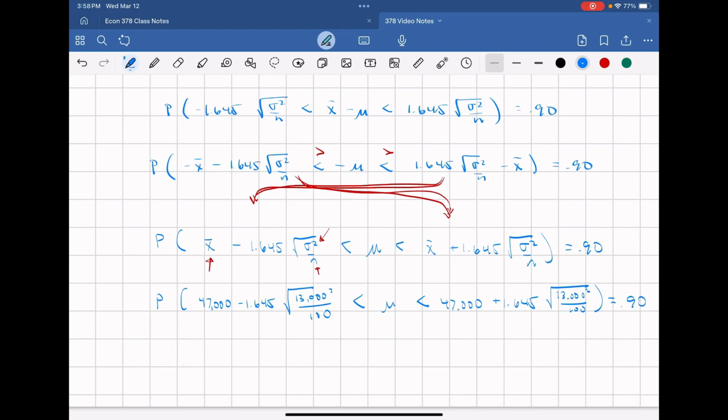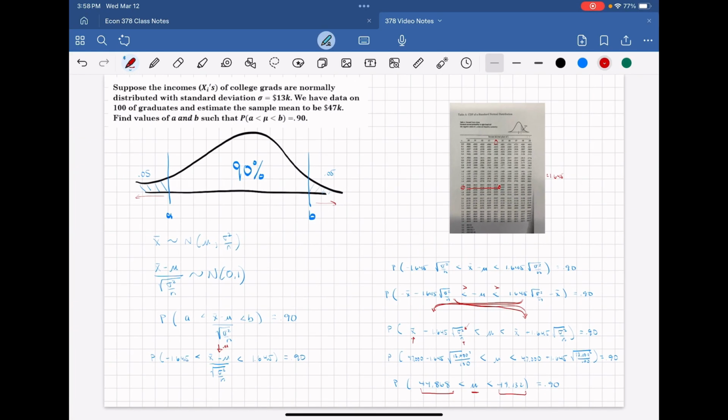When I calculate this, I find the probability that 44,868 is less than mu, which is less than 49,132, is equal to 0.90. That tells us we are 90% sure that the true population mean, mu, is between 44,868 and 49,132.